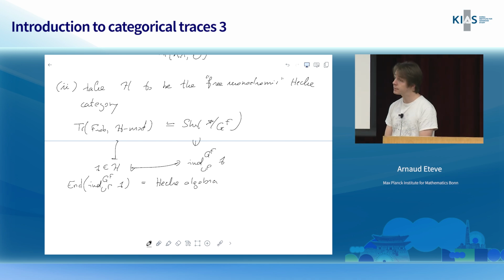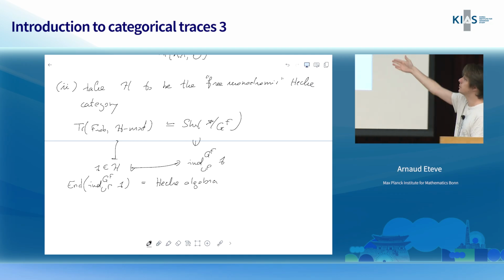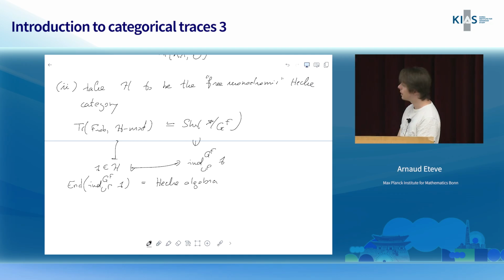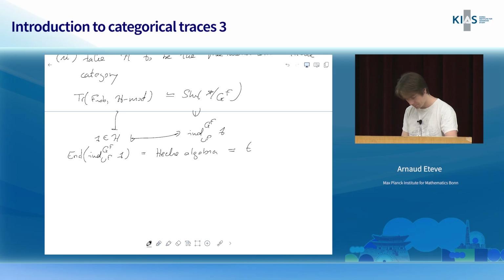One of the things we fixed by passing to this monodromic category is the Künneth formula. So it's going to be true on the nose for this Hecke category that the corresponding trace is the corresponding Hecke algebra, via the function-sheaf dictionary and the local term of lecture 1.